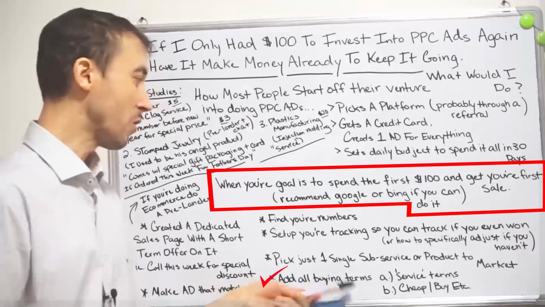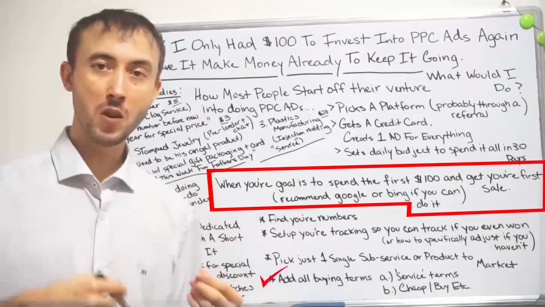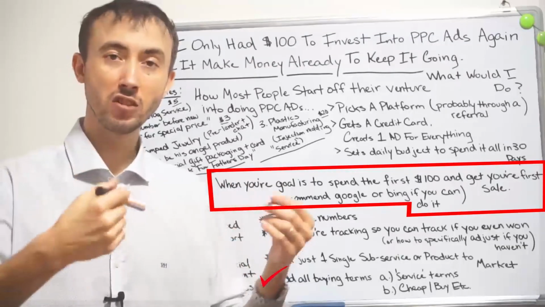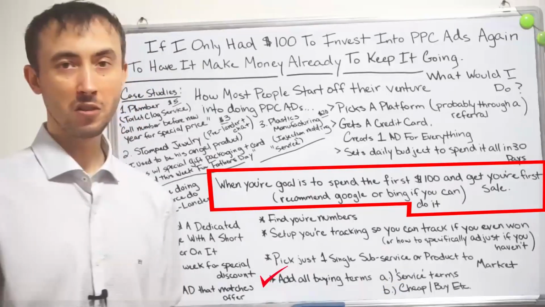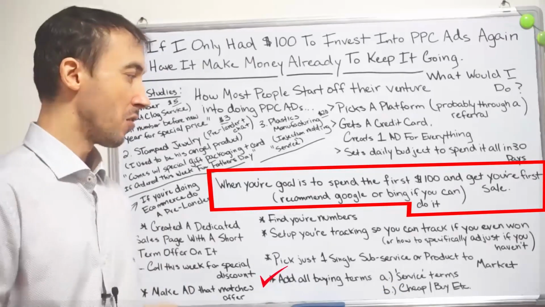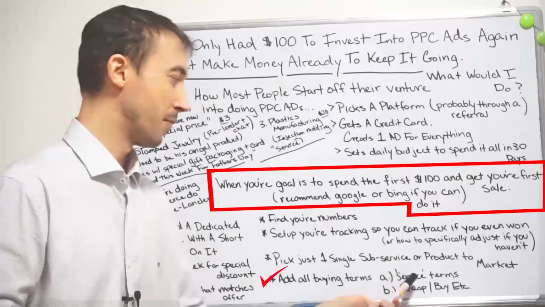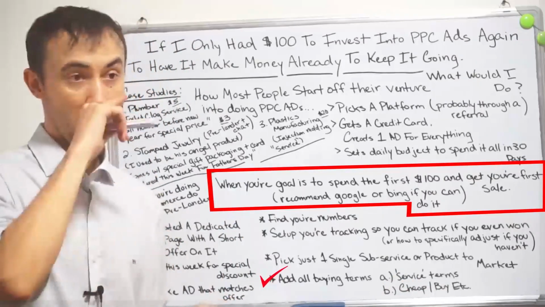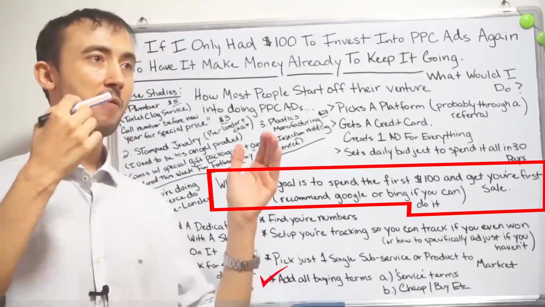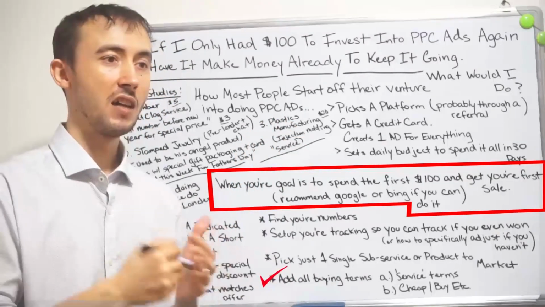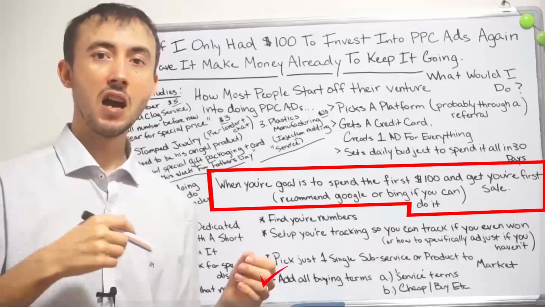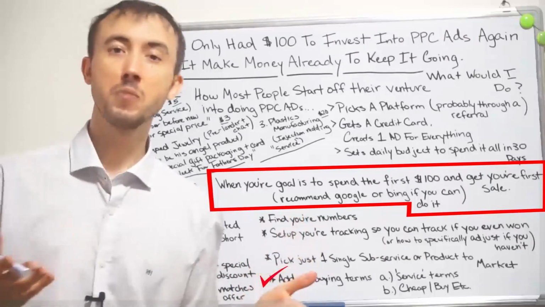Now, as far as keywords go, you're taking this one step further to make it an even higher chance that you're going to make your first sale in the first $100. If you offer a service, then use service or buying terms. So if I'm offering a tax service, I don't want something generic like tax returns.